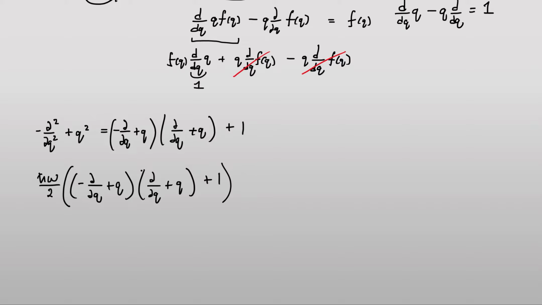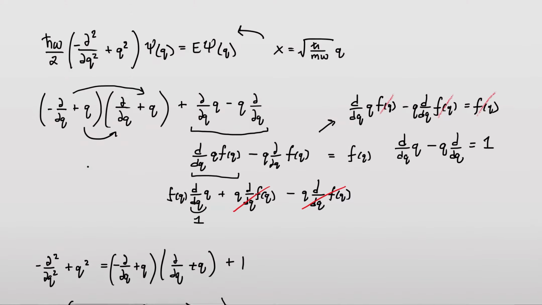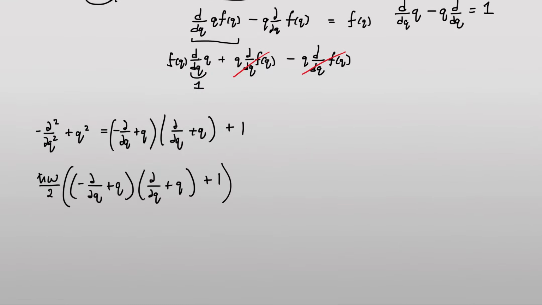So I'm putting all this in for this right here, because this is what was here originally. And then we have the rest of our Schrodinger equation, which is this right here.